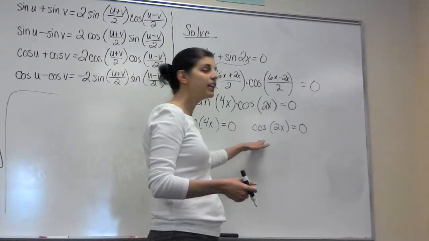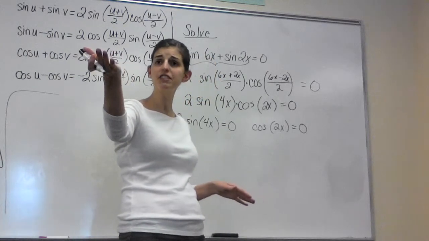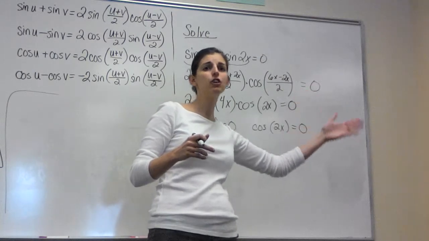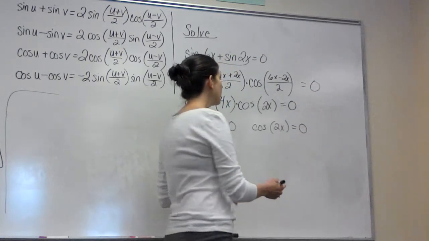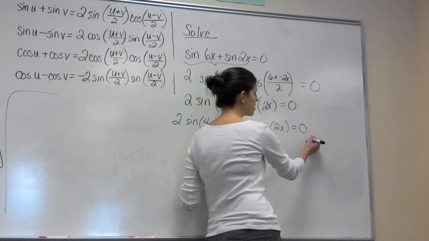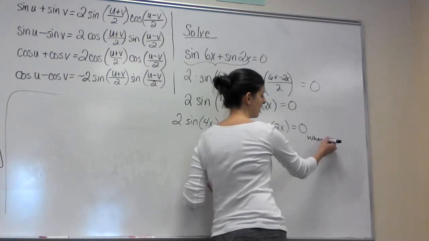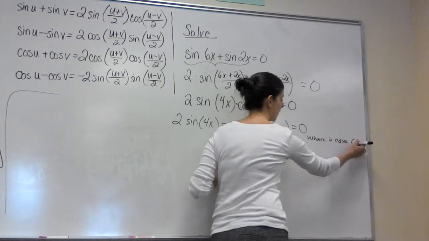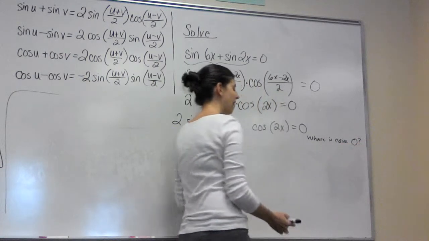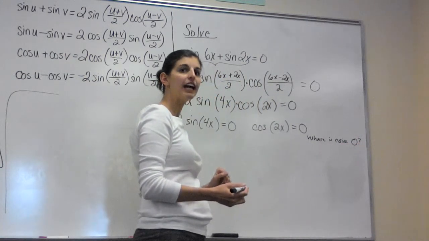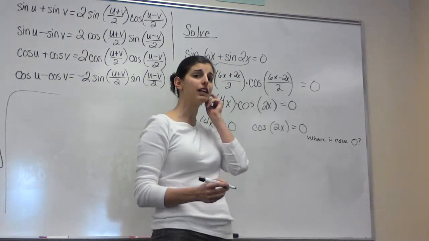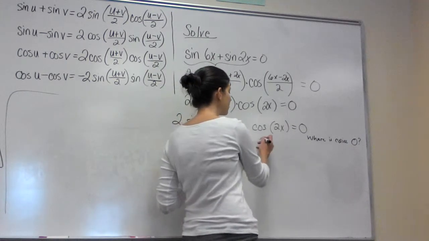Inverse cosine of 0 asks the question, cosine of what angle or angles equals 0? So where is the cosine function 0? It would be pi over 2 and 3 pi over 2, and actually I could keep going, so let me write down several answers.